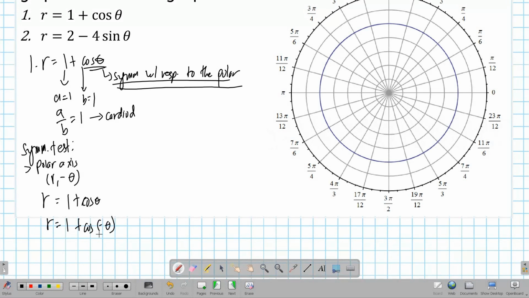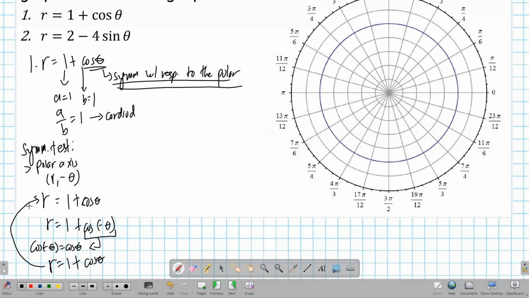Then using our knowledge of trigonometric identities, let's see what we come up with. If you remember, in the odd and even identities, the cosine of negative theta is just equal to cosine theta. So by this identity, r is equal to 1 plus cosine theta, which is exactly the same as the original.